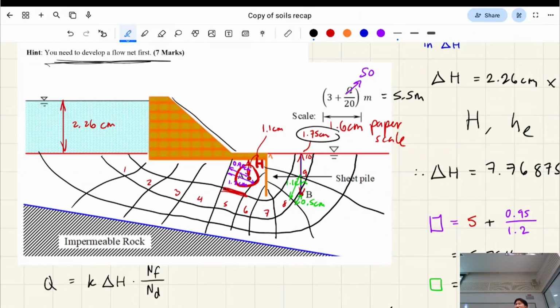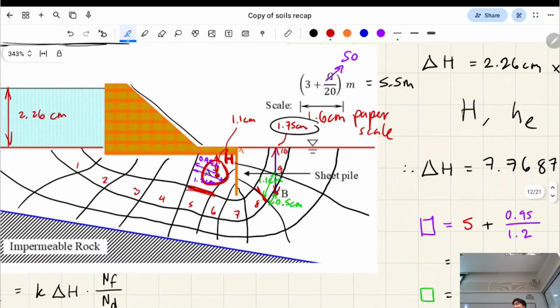Would it be in the middle of the soil somewhere? Technically, yes, but the way we consider it from an engineering safety point of view is it'll always be at the surface somewhere, right? So essentially, it will occur here.